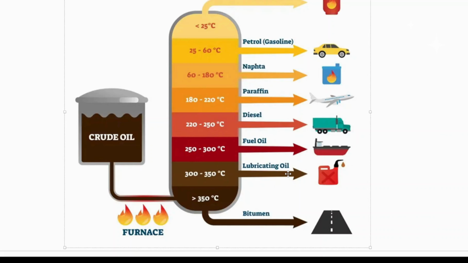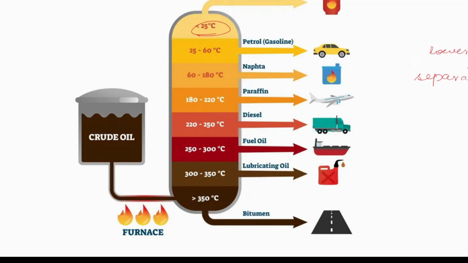So the substance that has the lowest boiling point is going to be separated first, because you started from zero. Once the temperature reaches 25 degrees, the petroleum gas is going to be separated.